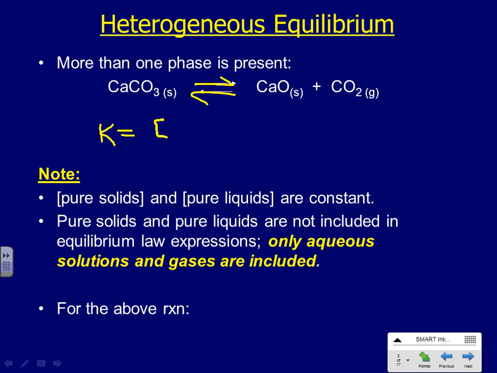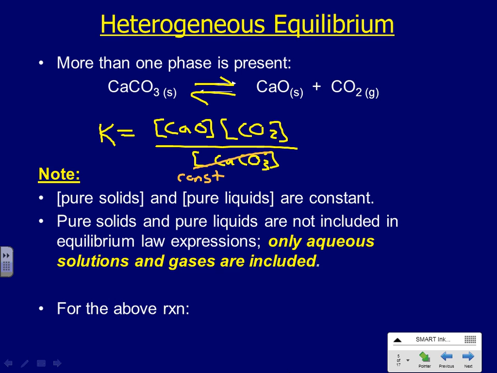So if you were to say that the concentration of CaO times the concentration of CO2 over the concentration of CaCO3, the reason we don't include the solids is because for pure solids and pure liquids, their concentrations are constant. It means that this number right here is a constant value. And this number right here is also a constant value.